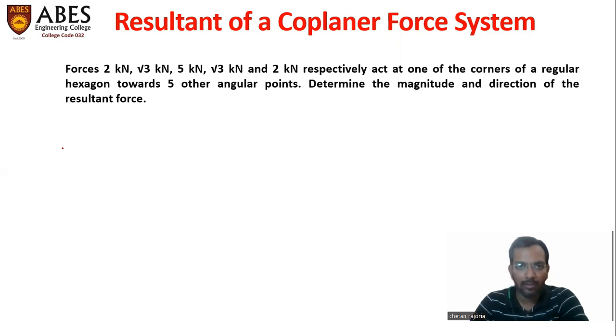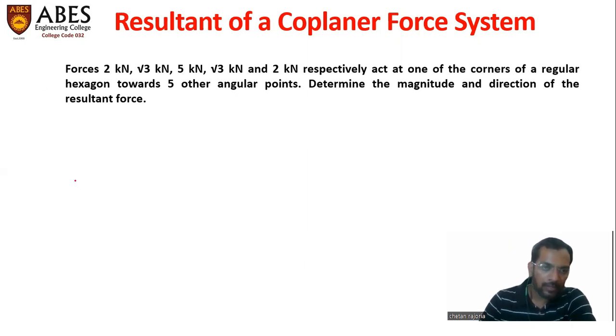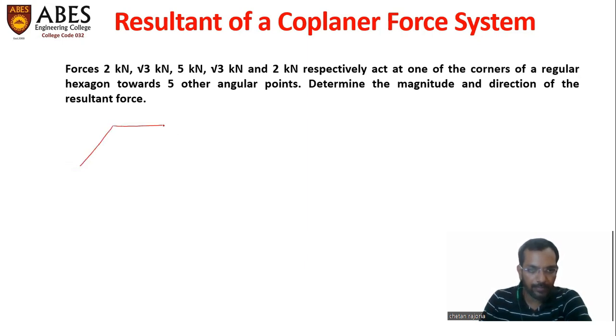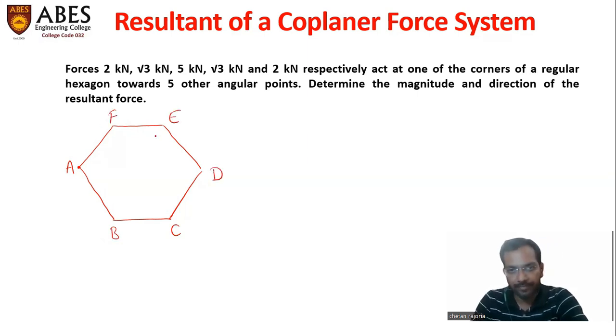So for solving this problem, let us draw a simplified diagram related to this question. So this is the regular hexagon. Let us suppose all the forces are acting at this point A. The other corners of the hexagon are B, C, D, E, and F respectively.